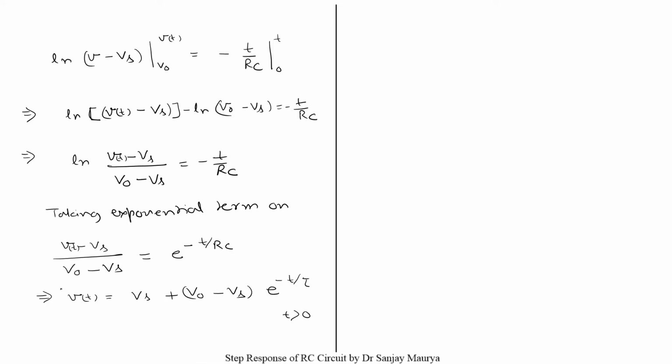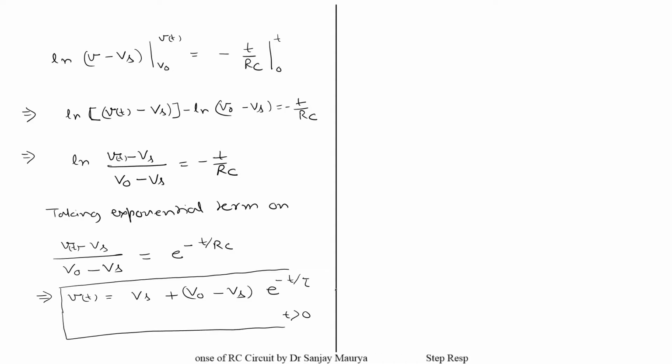So just after time t, we can determine the voltage across the capacitor by using this equation, which is V(t) is equal to Vs plus (V naught minus Vs) e to the power minus t by tau, where tau is the time constant, and we already know that this tau is equal to RC, the time constant.